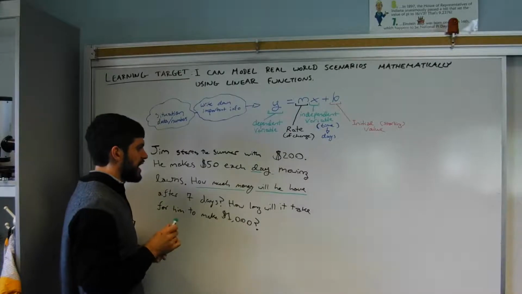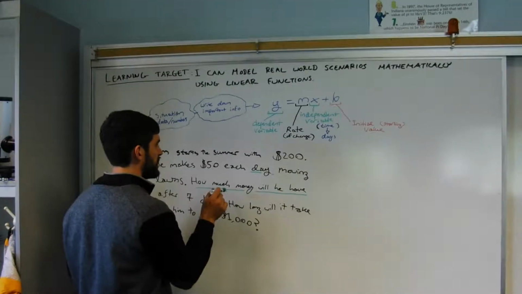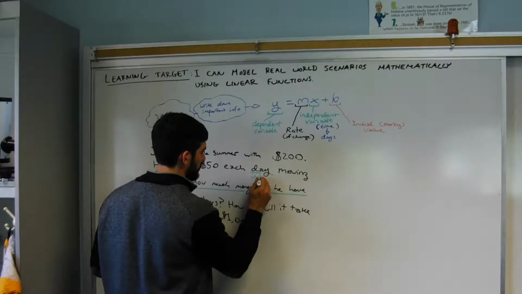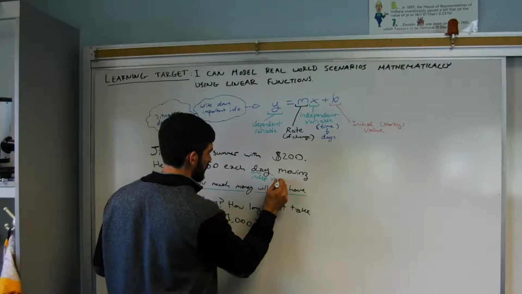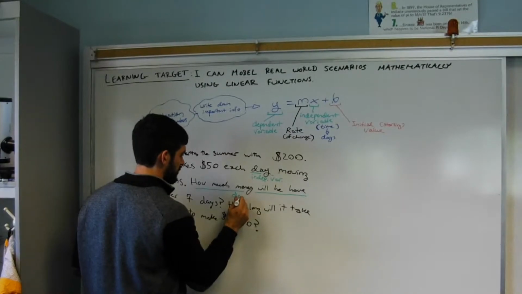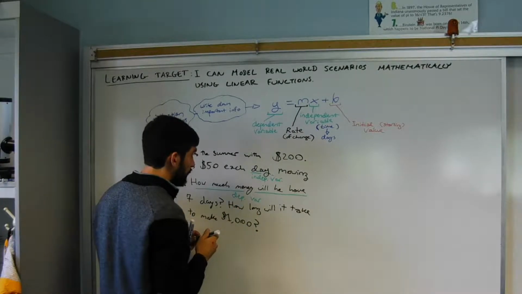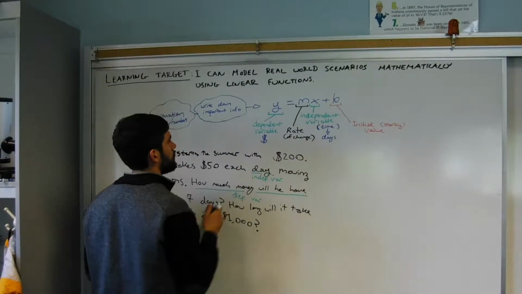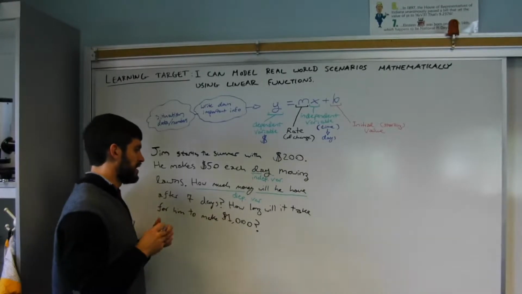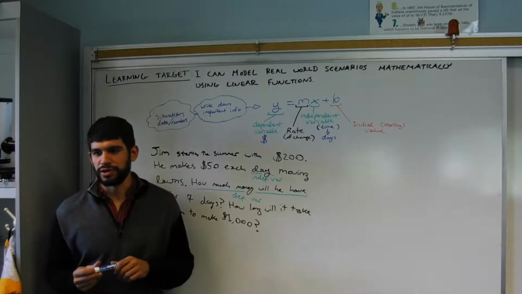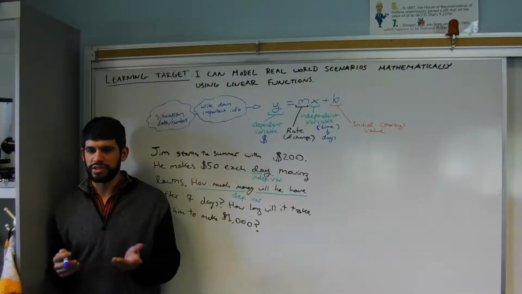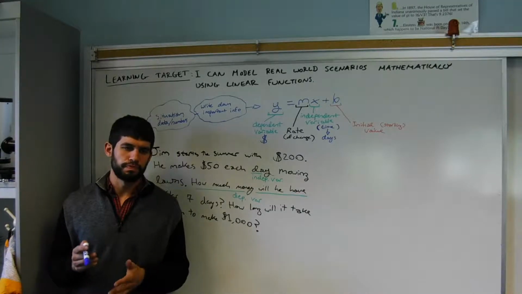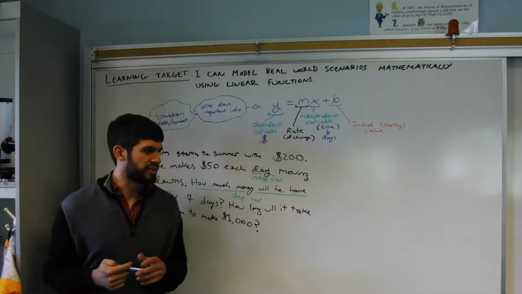Our dependent variable, what depends upon time, is how much money he makes. So again, the amount of money depends on how many days he works. If he works 1 or 2 days, he's not going to have that much money. But if he works lots of days, he's going to make a lot of money, might even get rich.